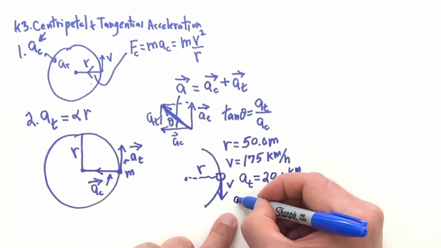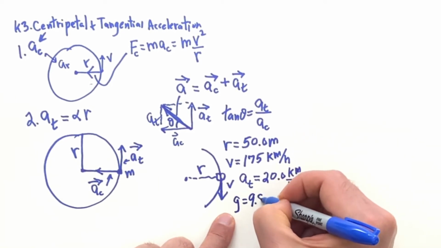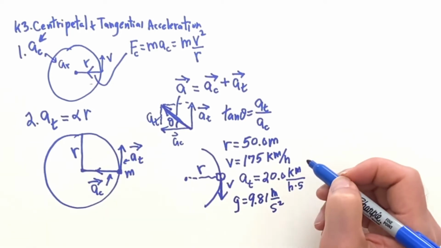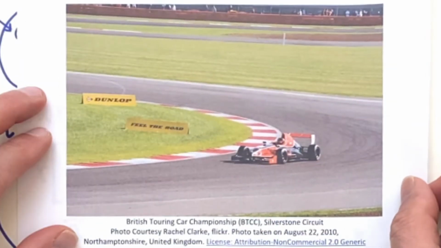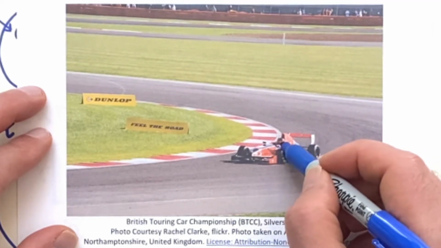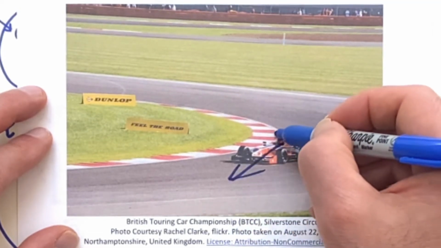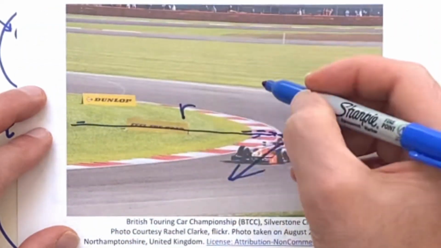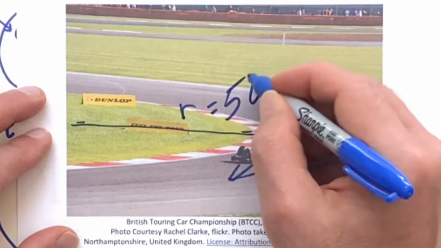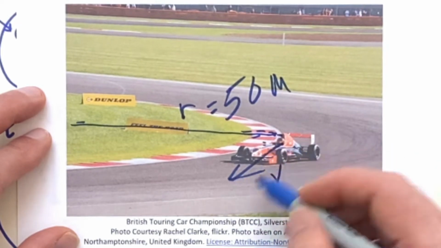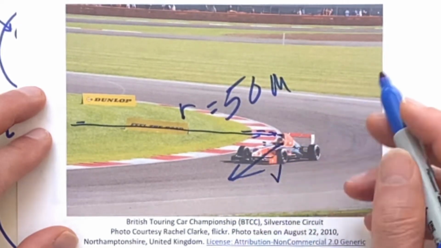And we're going to use g to be 9.81 as given in this problem. So we go for 3 significant figures. And here's a photograph of the situation. So this racing car is heading, say, this way, and there's the center going that way. So your r going that way, and the r is going to be 50 meters. And here's a velocity, and there's an acceleration, the tangential acceleration.